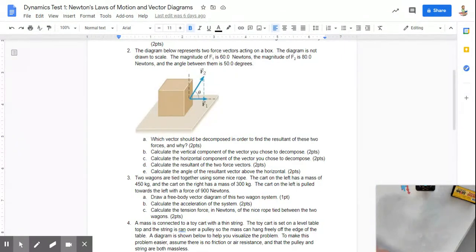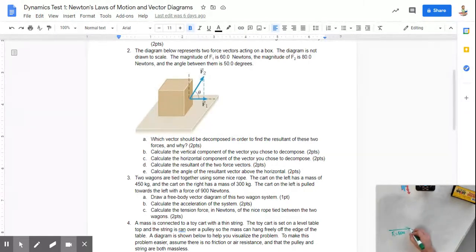Now for the next part, they ask what's the resultant of the two forces, F1 and F2. To get the horizontal component, we first have F1, which equals 60 newtons.